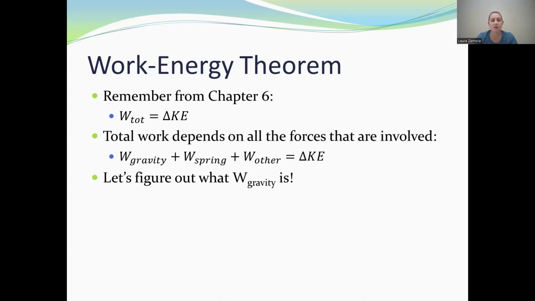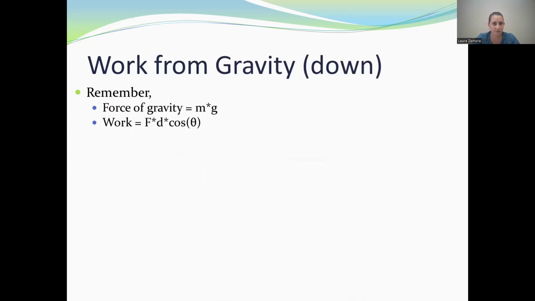So today we're just going to focus on work done by gravity, and then we'll come back to work done by a spring or work done by other things later, probably tomorrow. So let's figure out work done by gravity. Remember, our standard convention is that gravity points down towards the center of the Earth or the planet or whatever it is that you're standing on.